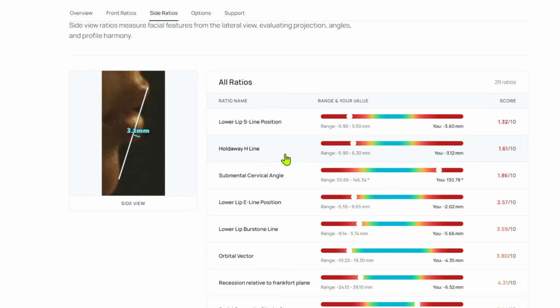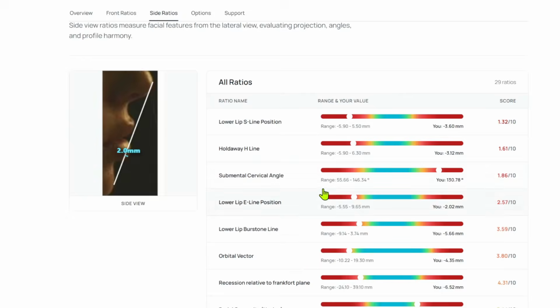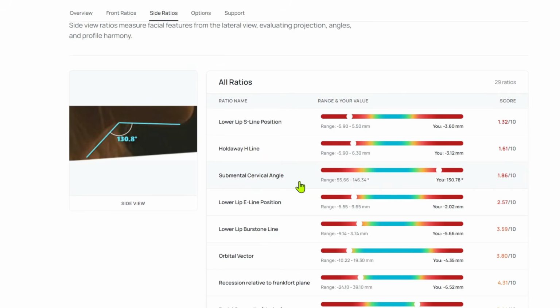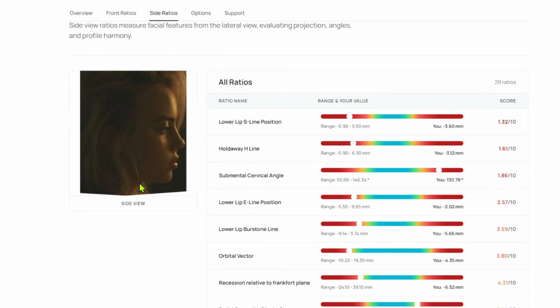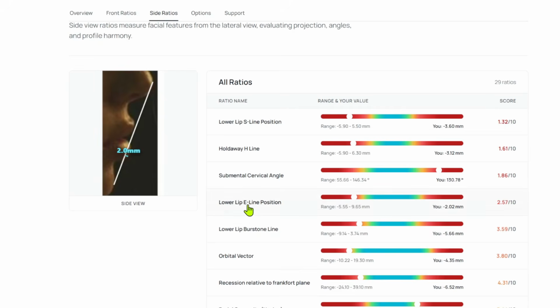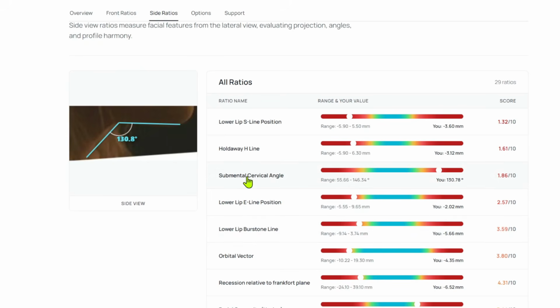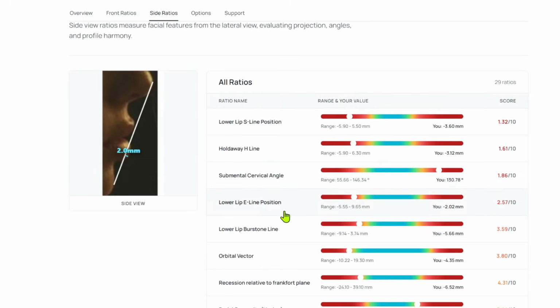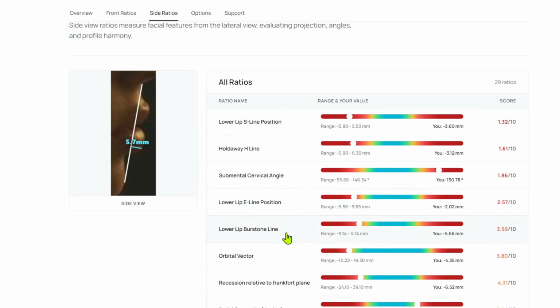Maybe. Okay. Moving on, we have the submental cervical angle. It's because the neck is tilted so far back like this. It's showing 130.8 degrees. So 1.86 out of 10. Lower lip E-line position is a 2.57 out of 10.